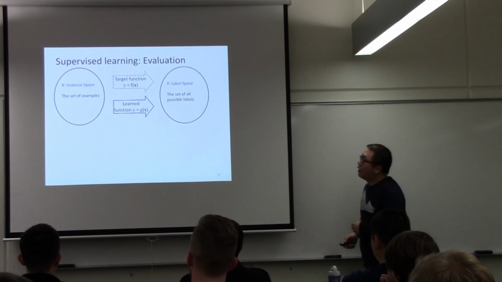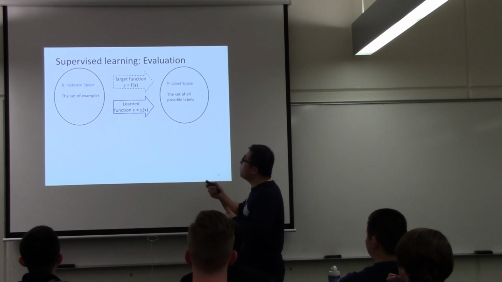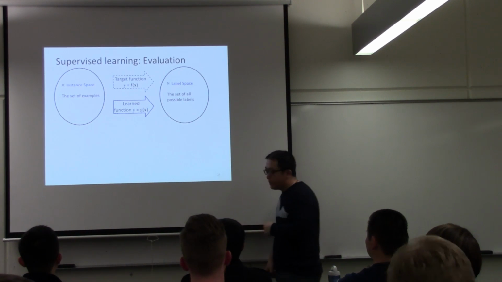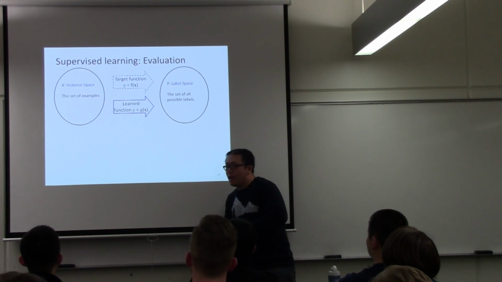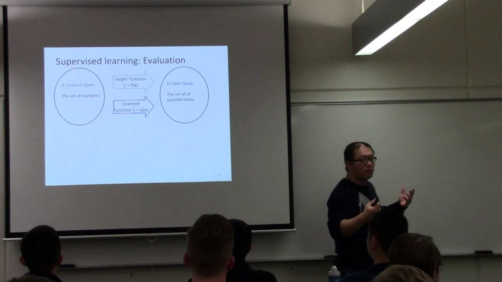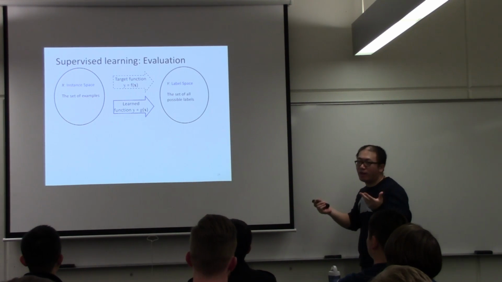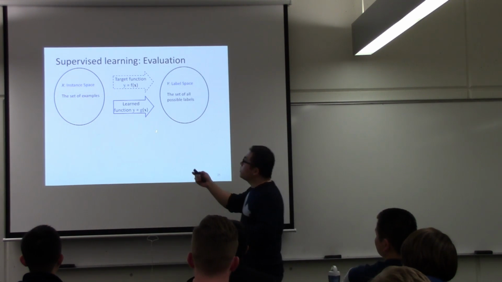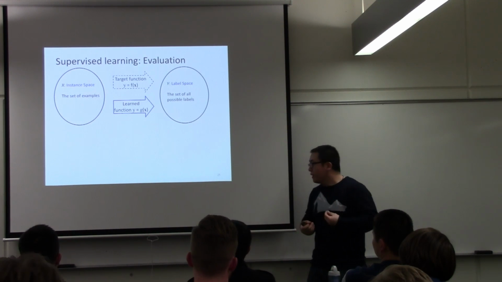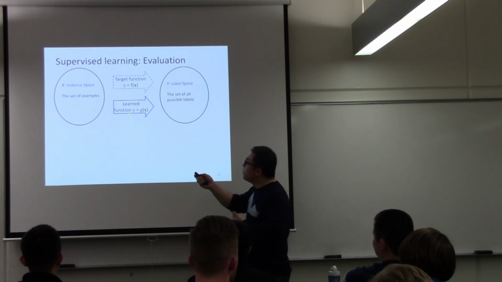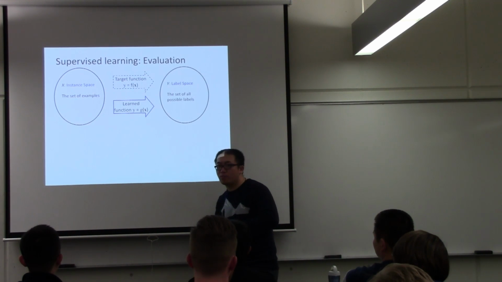So now let us keep looking at our supervised learning algorithm. Suppose we have already had a learned function. And the next step is what? Evaluate, right? We want to assess the quality of our learned function, or more accurately, the generalization performance of our learned function.